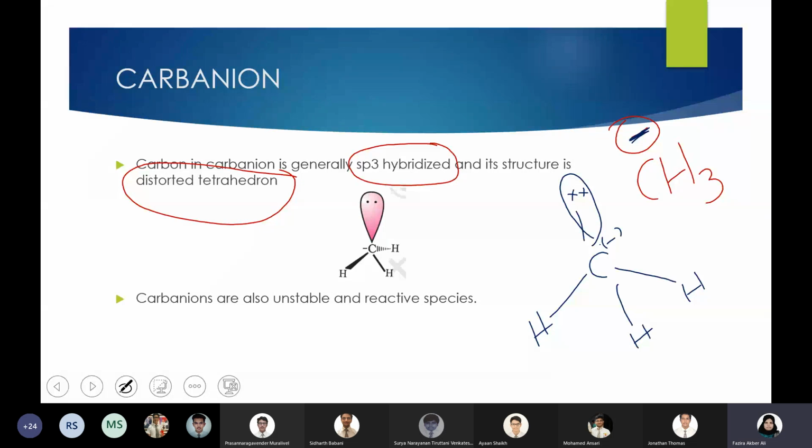This will not look like an actual tetrahedral, because there is no fourth bond on it. That is why it is known as distorted tetrahedral, meaning some damaged or changed arrangement from a tetrahedral arrangement. So the geometry of the structure is a distorted tetrahedron and the hybridization is sp3.